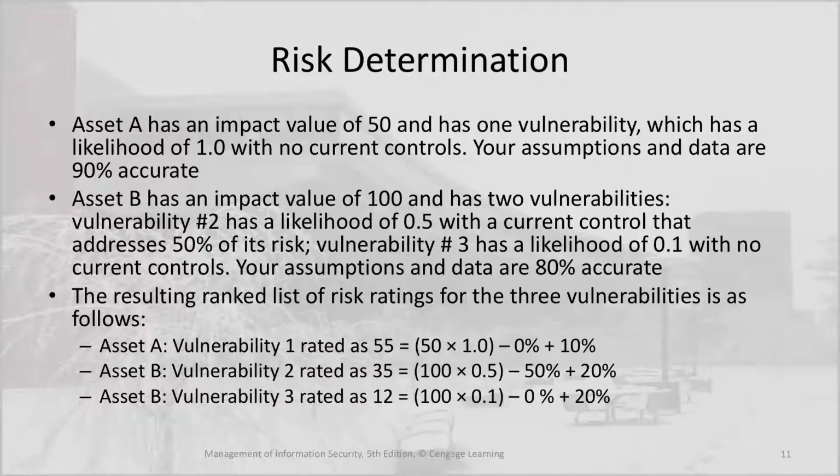Vulnerability number 3 has a likelihood of 0.1 with no current controls. Your assumptions and data are 80% accurate. So the resulting rank list of ratings for the three vulnerabilities would give vulnerability 1 of asset A as 55, vulnerability 2 of asset B as 35, and vulnerability 3 of asset B as 12.